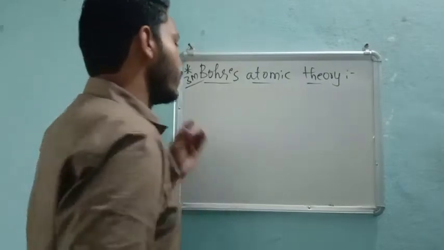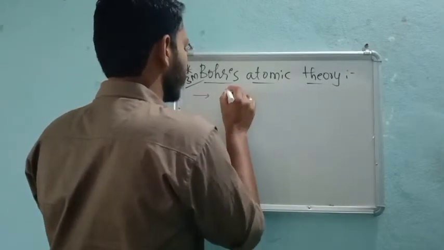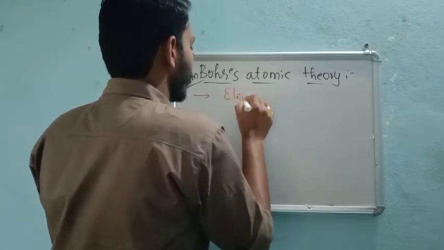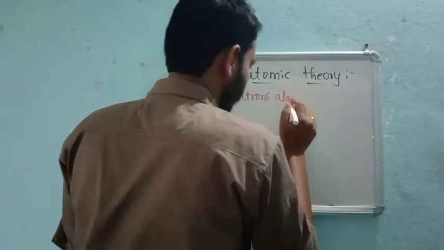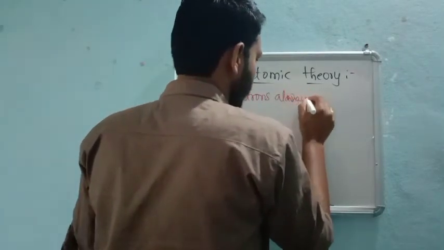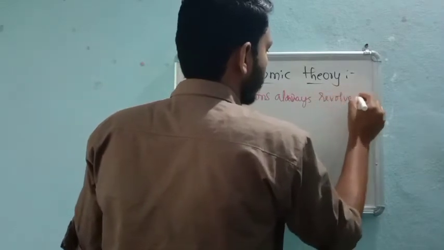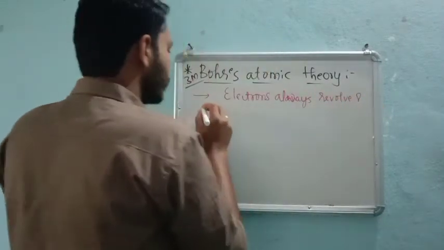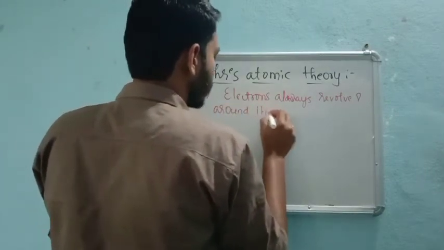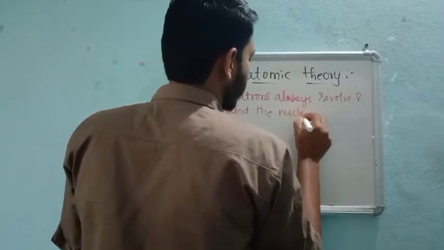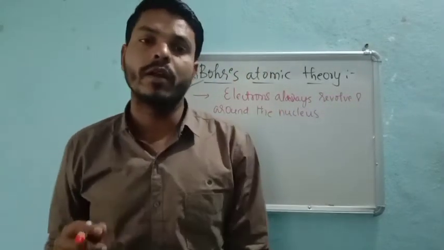The first point: electrons always revolve around the nucleus in a circular path.